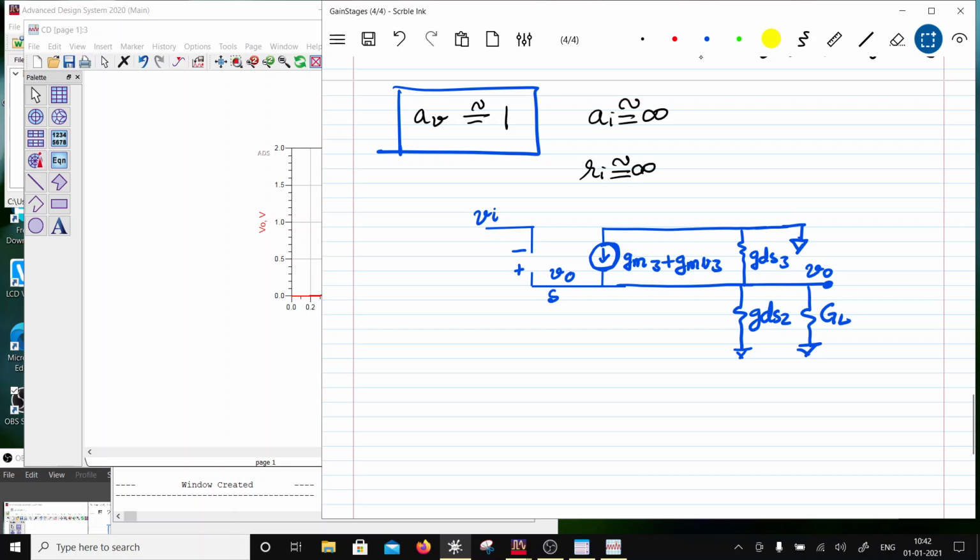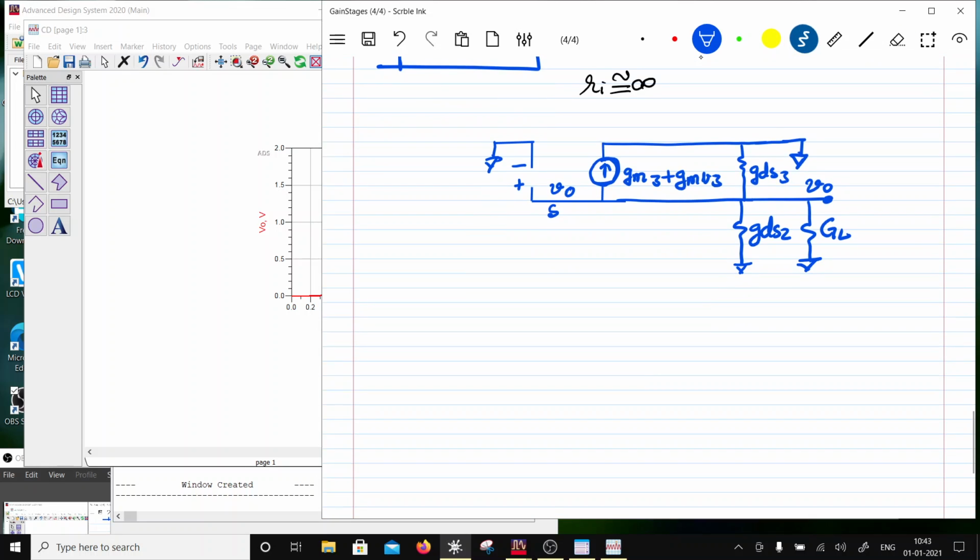Now here I'm going to short all the sources other than the output, where I'm going to put Vx. So this is not there, so I am going to have this one grounded. So all I have is a VO at the input, and this would be reversed towards up.